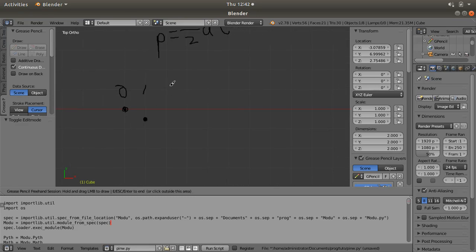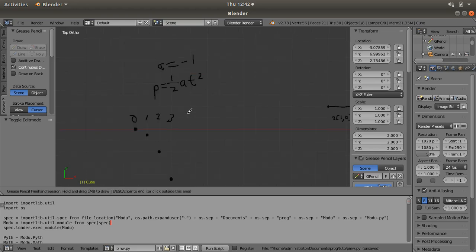After 2 seconds, we've got 2 squared is 4, divided by 2 is 2. After 3 seconds, 3 squared is 9, divided by 2 is 4.5. So 1, 2, 3, 4.5.